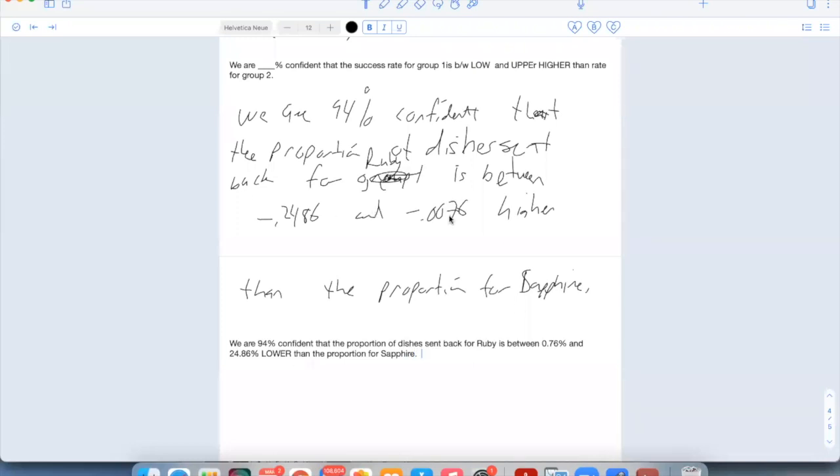Notice I had to swap the order there because this is a smaller number in absolute value. So negative higher just means lower.